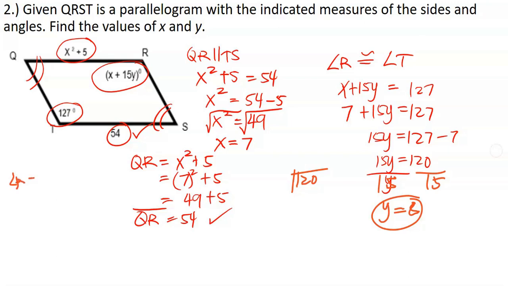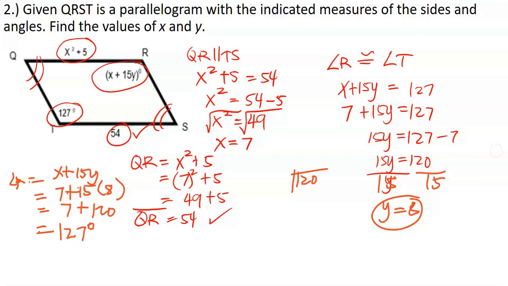Angle R should be equal to 127, just like angle T. So this is x plus 15y. x is 7, as we were able to solve earlier, and then 15 times y. y is 8. So this is 7 plus 120, and 7 plus 120 is 127 degrees. So again, R is also 127 degrees.